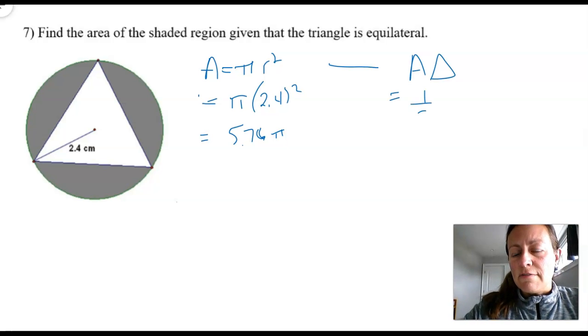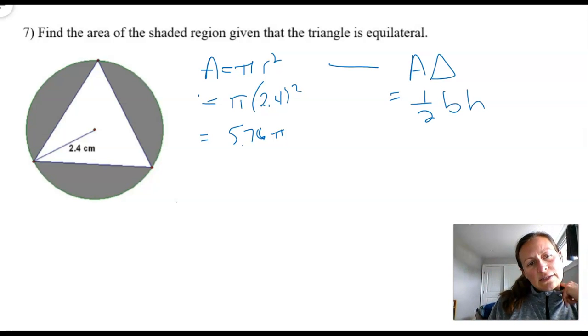So I'm just going to write that formula there. But on this triangle, we have not been given either of those values, base or height. We've been given some other segment going from what looks like the center of this triangle out to a vertex, 2.4, which is the same thing as the radius of the circle.